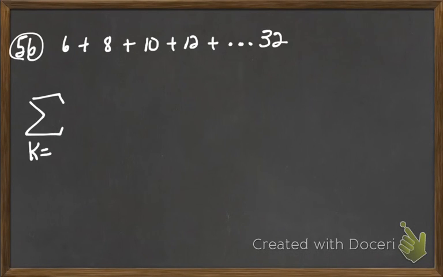You don't have to start with 1. You've got to get 6 as your first term and 32 as your last term. These are harder.